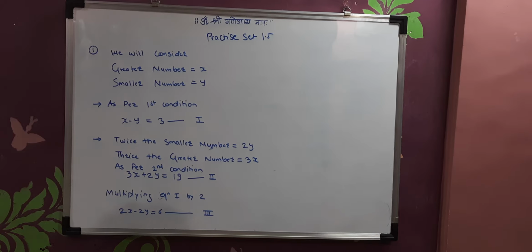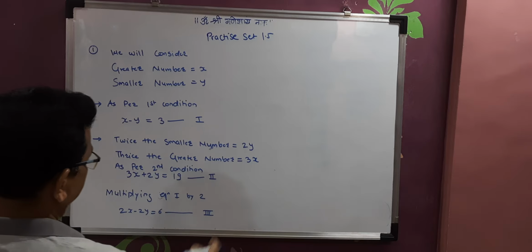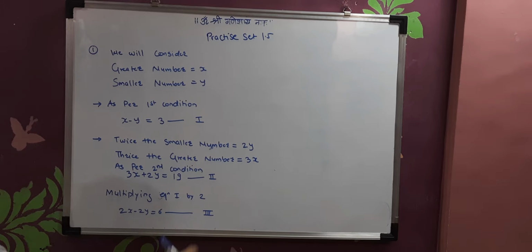Then we have equations 1, 2 and 3. We will add equations 2 and 3, because by adding them, the plus 2y and minus 2y will get cancelled, and we will get the value of x.